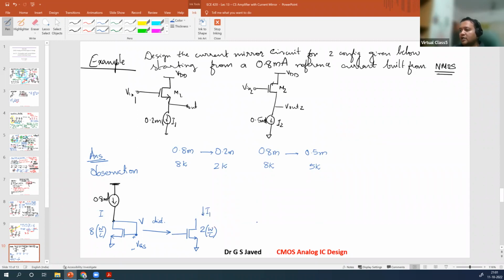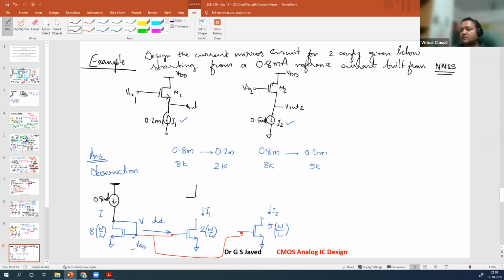Similarly, to generate 5, you will take the transistor size to be 5 W by L. Right? And now you will connect this voltage value to this place. This is your gate value constructed. Now you have the currents I1 and I2. So these current mirrors are now built. Now complete the rest of the circuit.